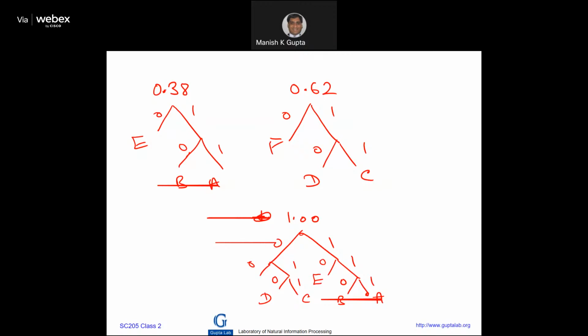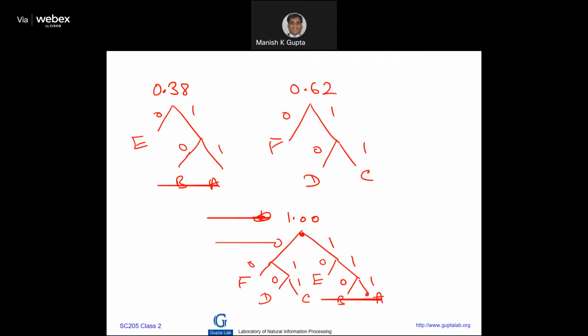These lines are coming, but forget about these lines. So this is 0, 1. Okay. So D, C, B, A, E. What else is left here? This is F, right?